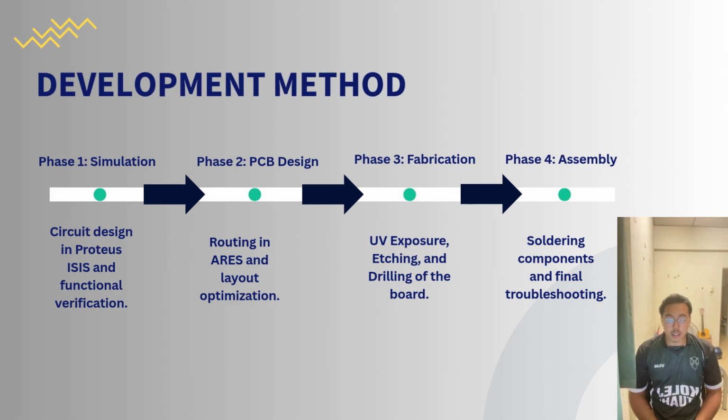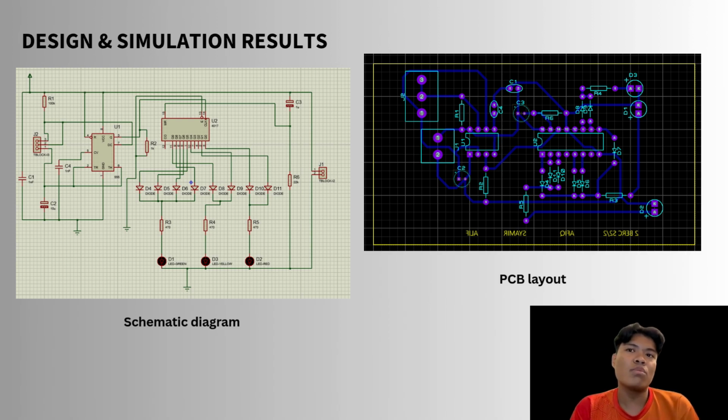Next, phase 3, fabrication: UV exposure, etching and drilling of the board. Last, phase 4, assembly: soldering components and final troubleshooting. For the design and simulation result, we made a schematic diagram using Proteus with a PCB layout for the circuit.